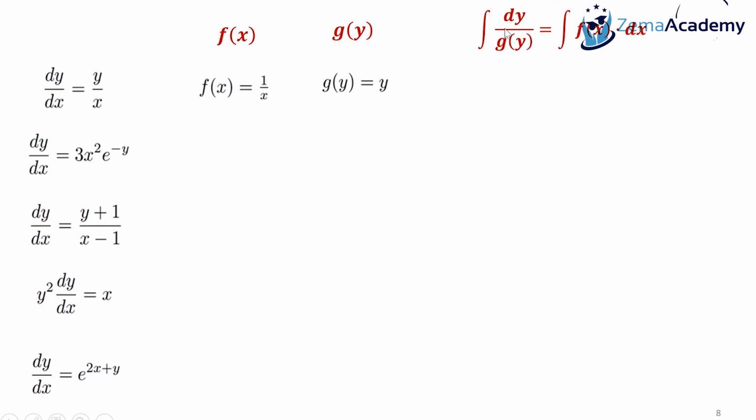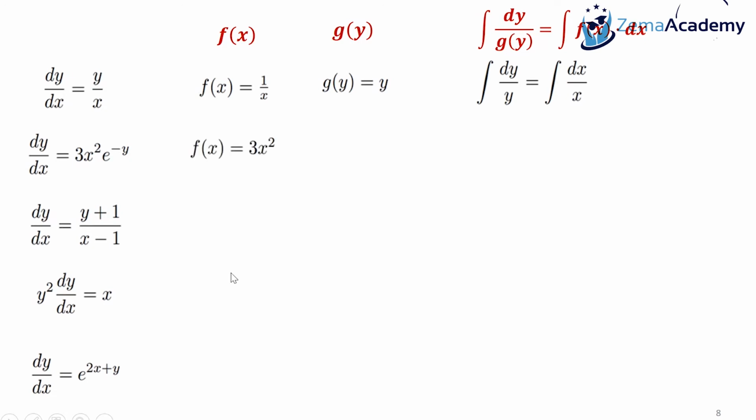For example, in this case, the last column, can you see over here dy over g(y)? So what is g(y)? g(y) is just y. So I have replaced this by y. And here integral f(x) dx. So what was f(x)? f(x) was 1 over x. So I have just placed the f(x) value, that is 1 over x, in the integral over here. I hope this example is clear.